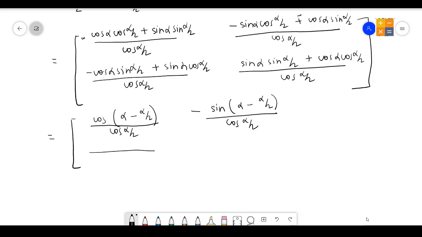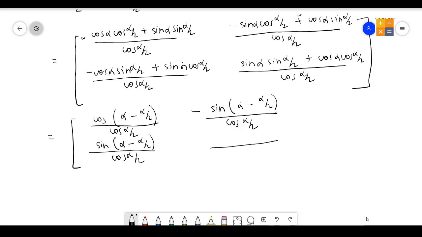Similarly in this part also, sin A cos B minus cos A sin B. The formula is sin A minus B. So we can write here sin alpha minus alpha by 2. In the denominator part it is cos alpha by 2.